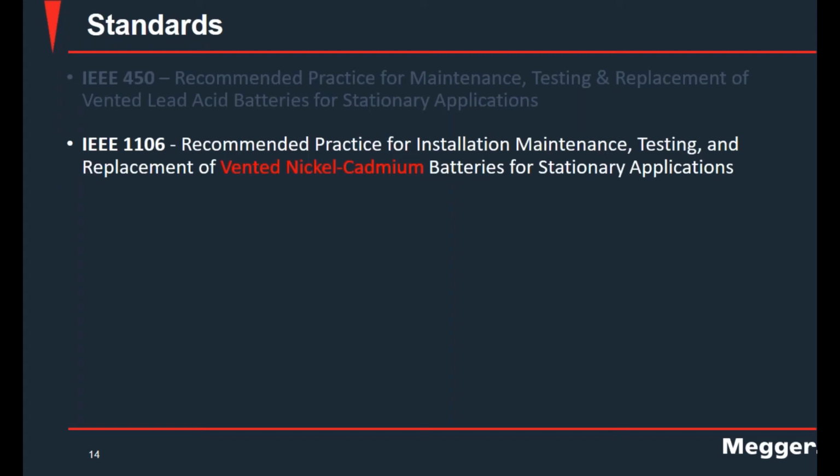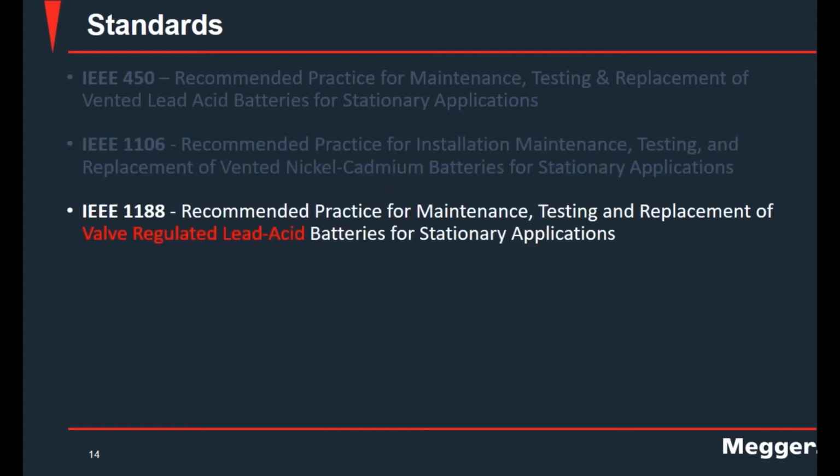The three documents, when they talk about the capacity testing, are very similar. There are some details that are different due to the nature of the battery, the different characteristics of the battery, but in general, the test methods are very similar.